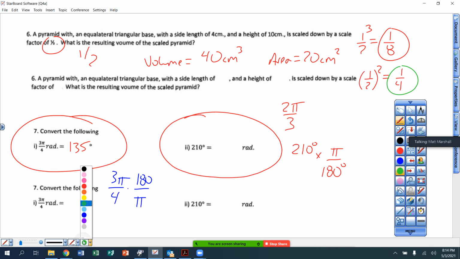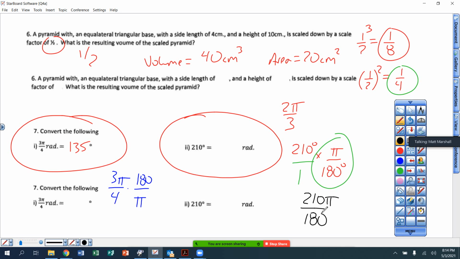So for the next one, I times by pi over 180. When I did that one, I got 210 pi over 180. And let's see what my calculator reduced that down to. Yeah, mine gave me 210 over 180, reduces to 7 over 6 pi.